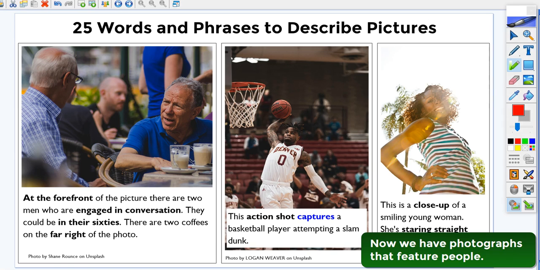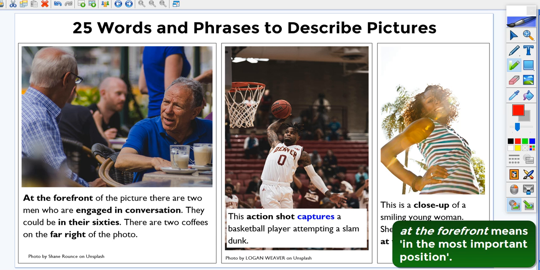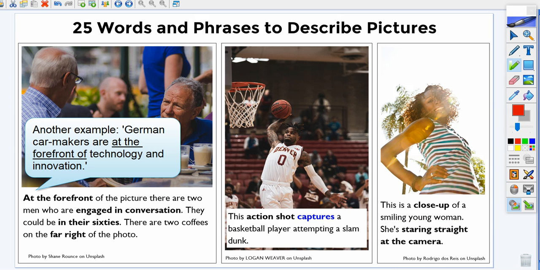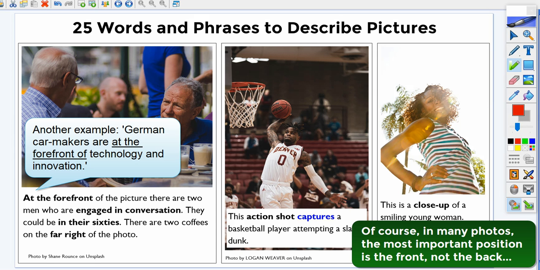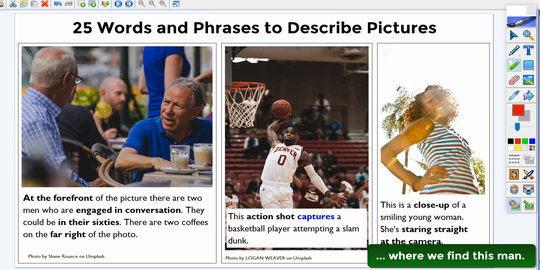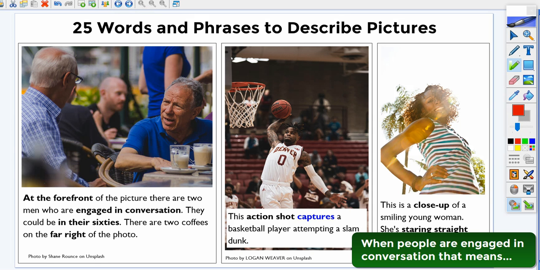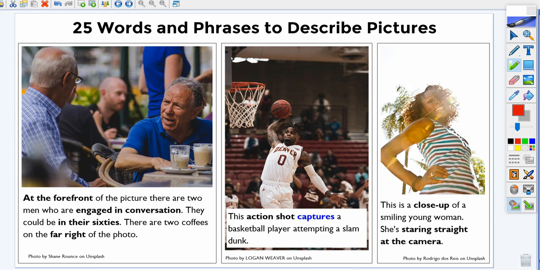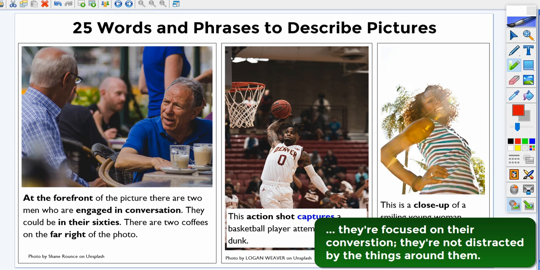Now we have photographs that feature people. At the forefront means in the most important position. Of course, in many photos, the most important position is the front, not the back, where we find this man. When people are engaged in conversation, that means they are focused on their conversation.